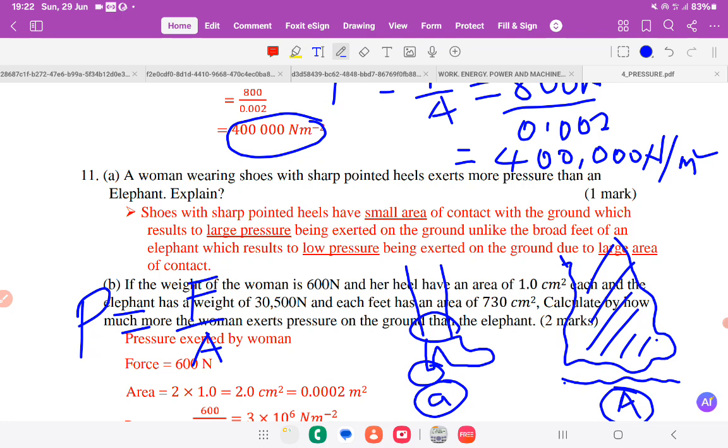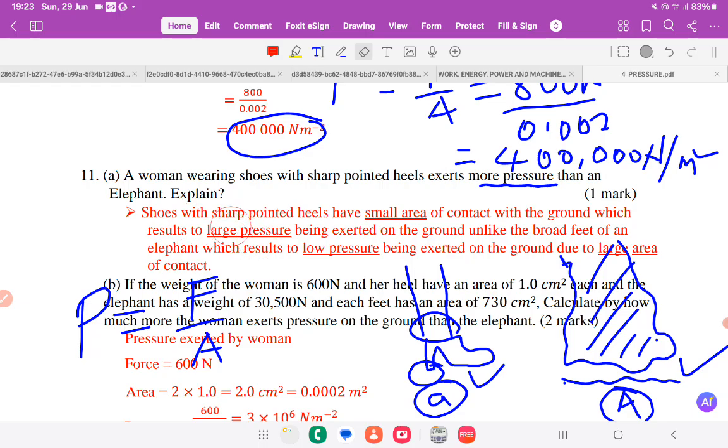So the question is, why does a woman wearing shoes with sharp pointed heels exert more pressure than the elephant? The explanation has to do with area. Shoes with sharp pointed heels have a small area in contact with the ground, which results in large pressure.